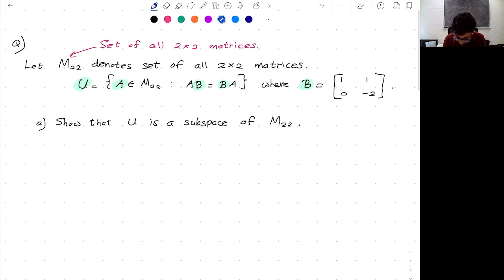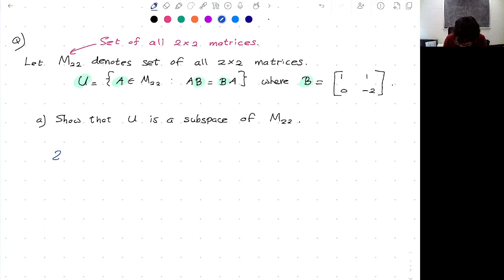So what is the zero element? The zero element of M22 is the 2 by 2 zero matrix, and this commutes with B, right? Because if you multiply the zero matrix with B, you get the zero matrix.